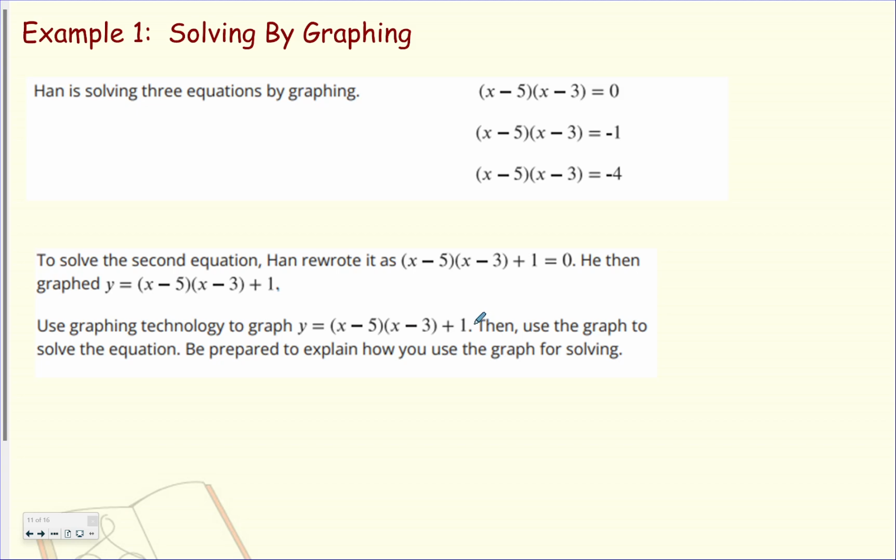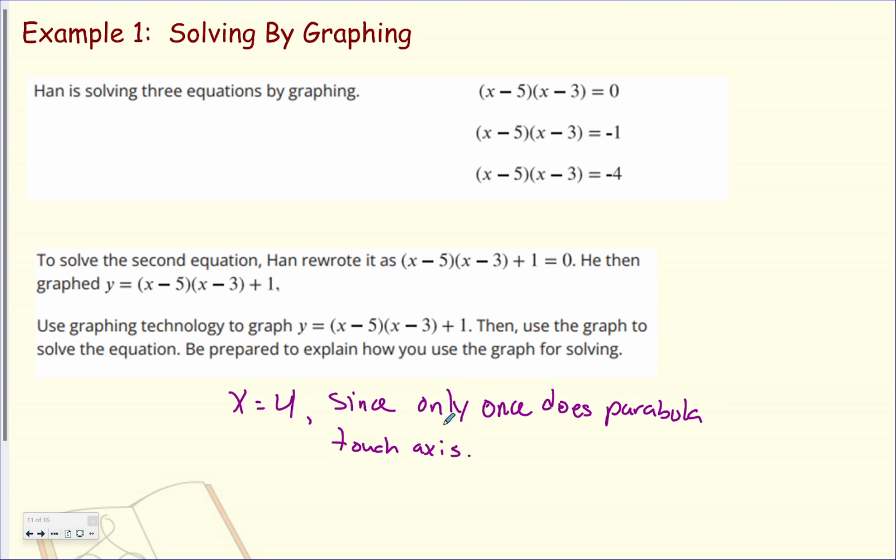Okay. So in this case here, we graphed and we said that x equals 4, since the parabola only touches the axis once. Certainly if you plugged 4 in for both x's, you would actually find that that does solve the equation because you get 4 minus 5 is negative 1. 4 minus 3 is positive 1, right?